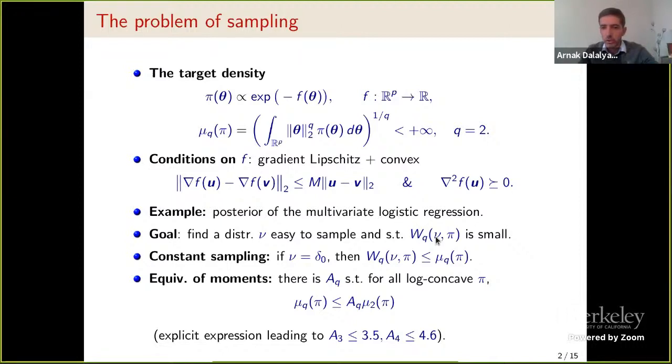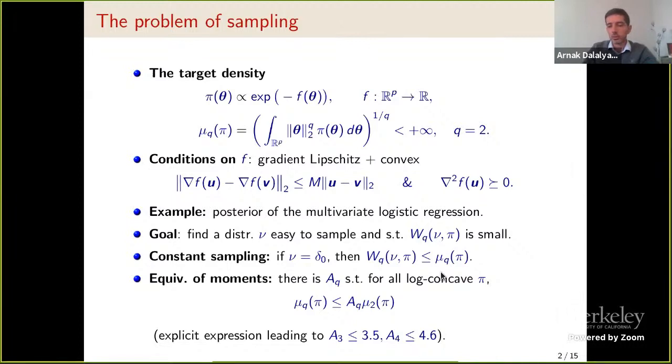Let me make two small remarks here. First of all, we can have a very naive sampler which just outputs 0 at each iteration, constantly 0. In this case, it is clear that the Wasserstein distance between the sampler and the target will be bounded from above by this quantity mu of q.